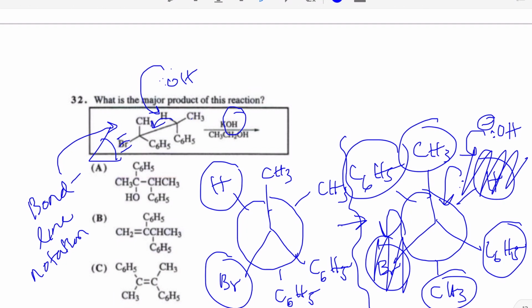So that tells us that C is our final answer, because that is what matches the descriptions that we have so far. The phenyl groups are anti to each other, and the methyl groups are anti to each other. And that is how we end up with C as our final answer for this question.